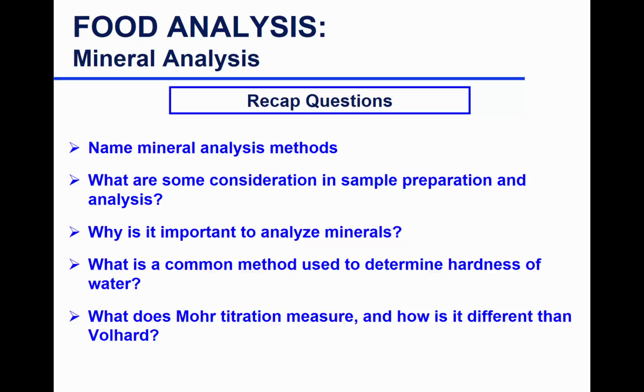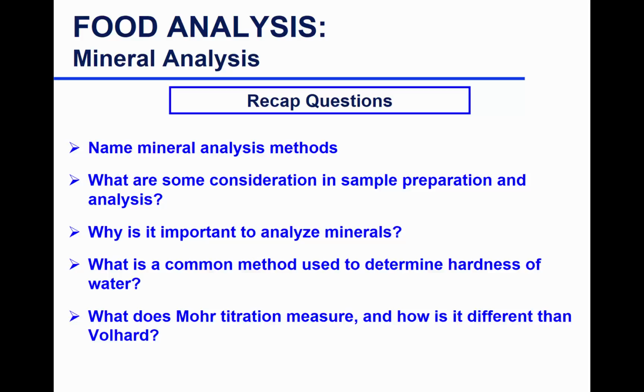Another thing you want to do when you're actually running the assay, you have to account for certain things. You want to make sure certain conditions are controlled, such as pH, temperature, and if you're preparing standards, you want to make sure you have the same mixture or consistency.